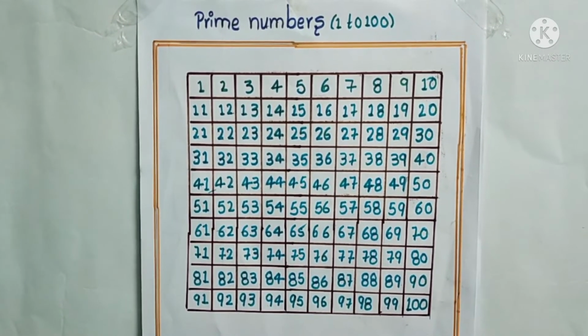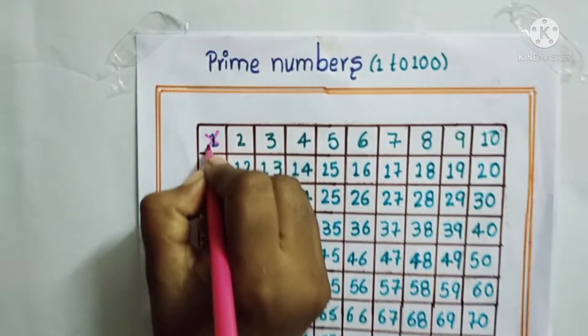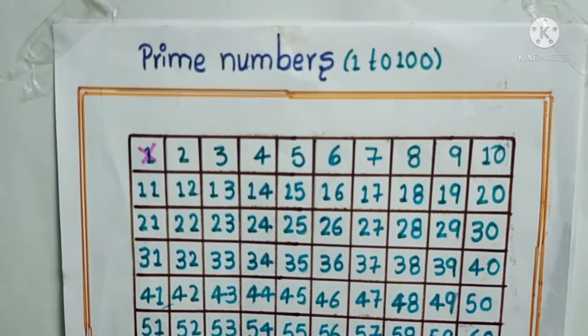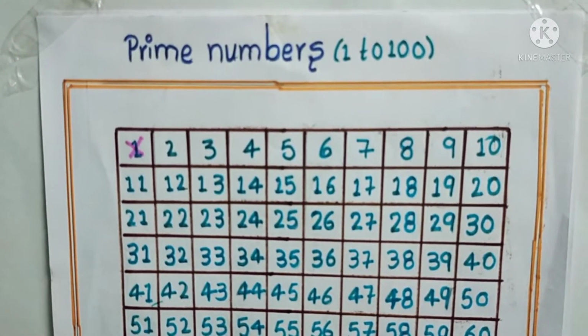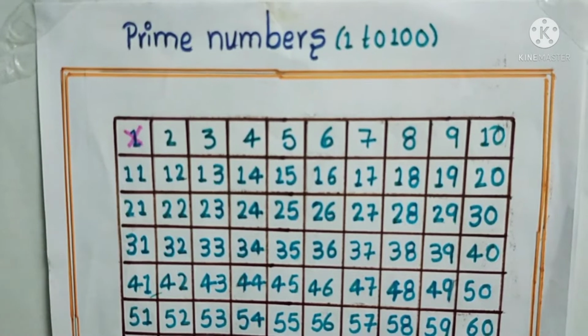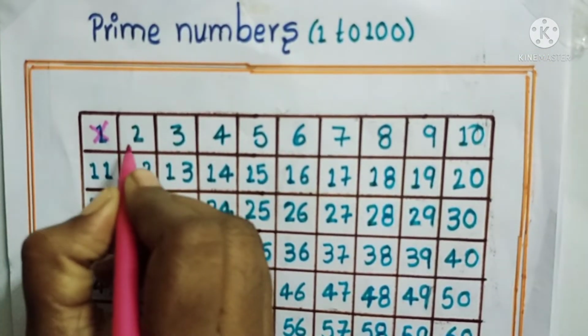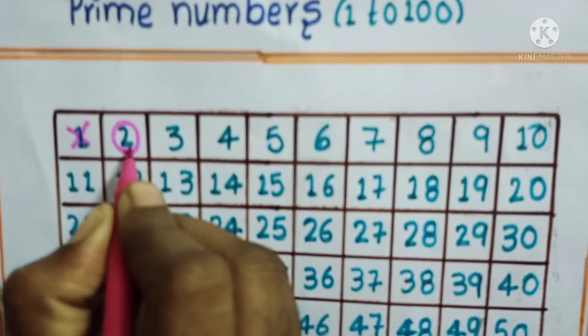Here, cross out 1, because it is neither prime nor composite. Encircle 2. 2 is a prime number.